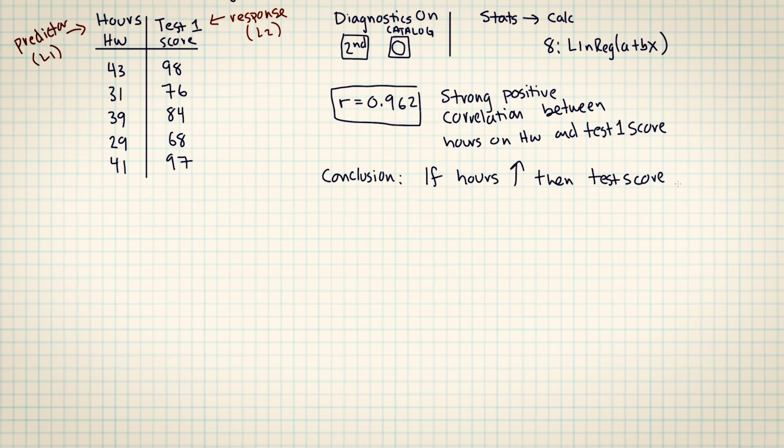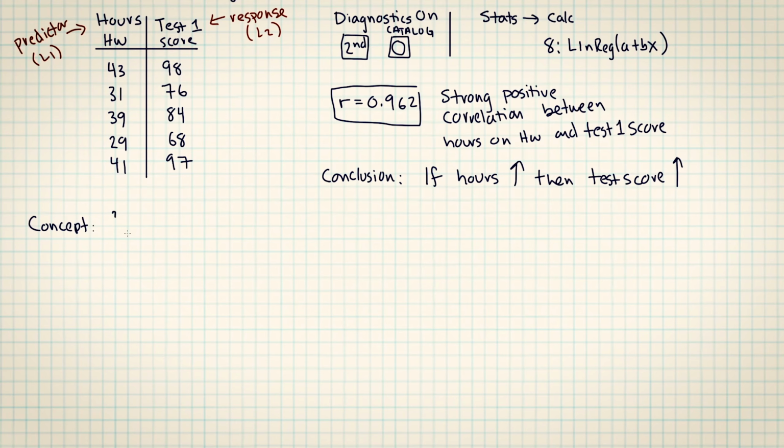So I just want to introduce this idea of causality, or cause and effect. And think about it in the context of this problem. Our variables are the time that you spend on the homework and your test score. So when we're looking at these, I think that really intuitively there should be some kind of a cause and effect here, right?